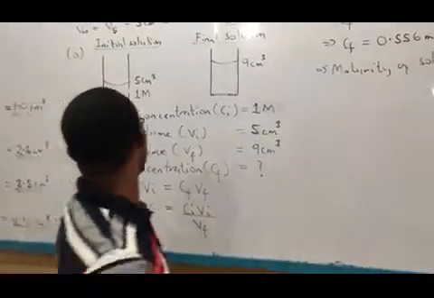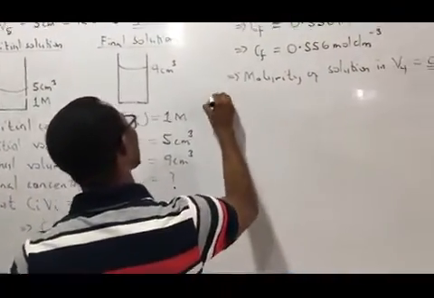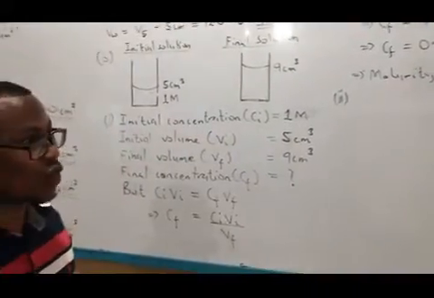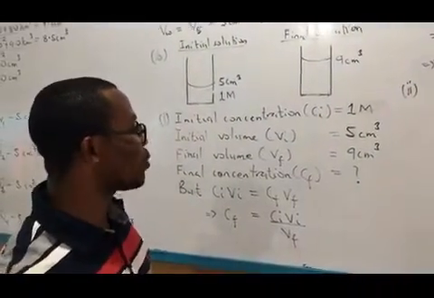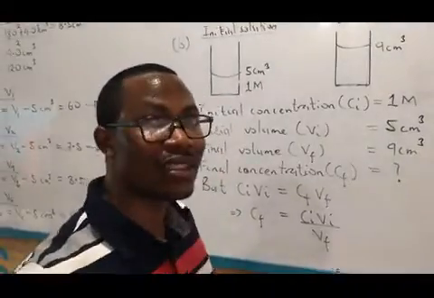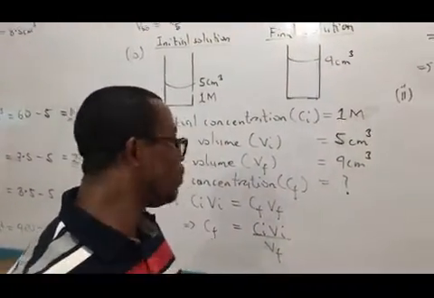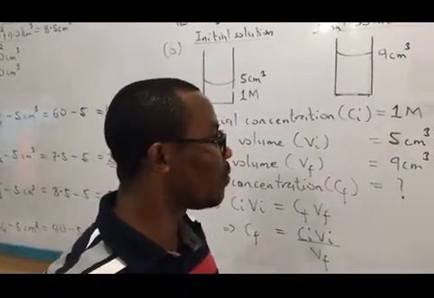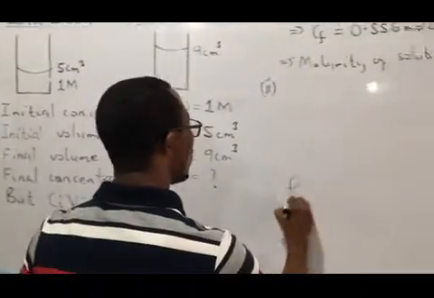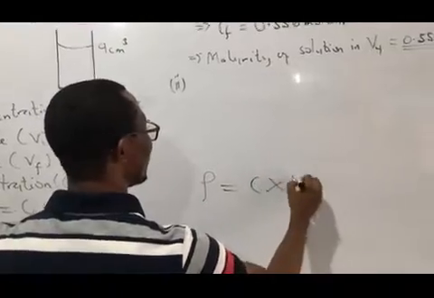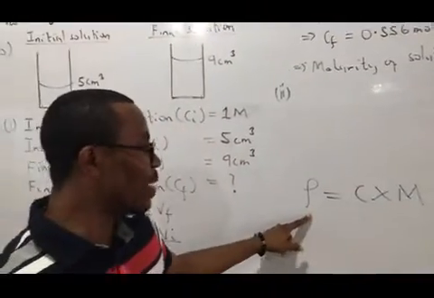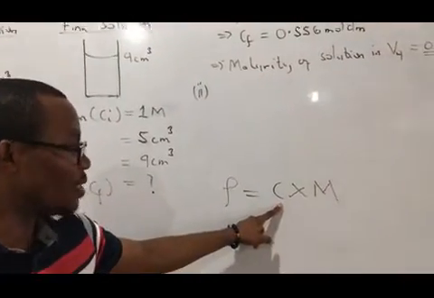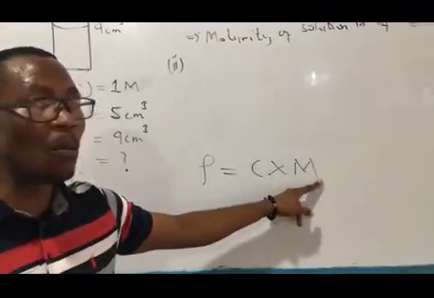Okay, now the II. We are finding the concentration in gram per dm³, which I said is the mass concentration. If you recollect what we did in theory, the relation between the mass concentration and the molarity is ρ equals C times M, where ρ is the mass concentration, C is the molarity, and M is the molar mass.